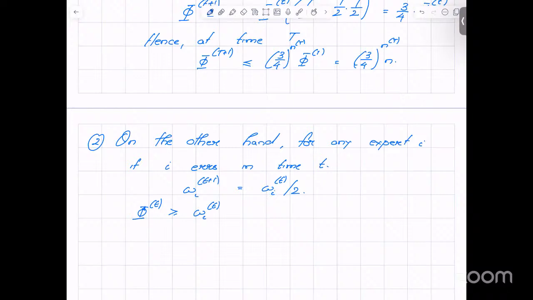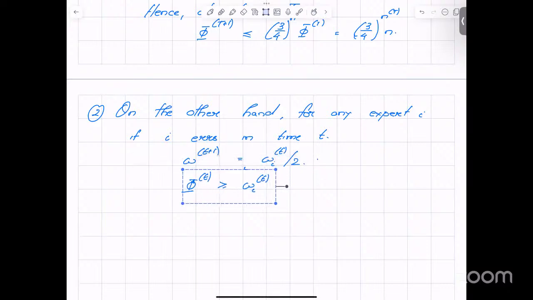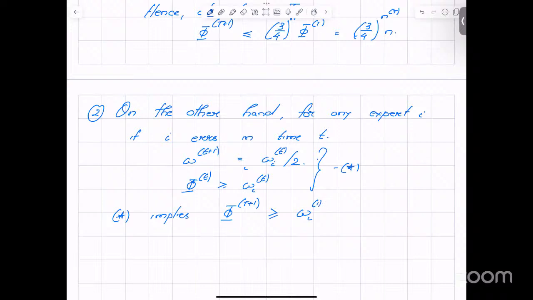Therefore, phi of t plus 1 is greater than or equal to wi of 1 times half to the power ni of t.